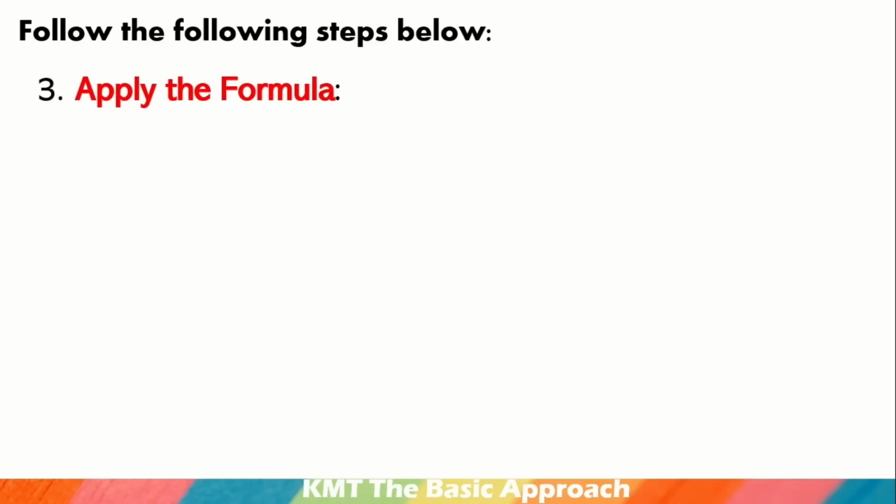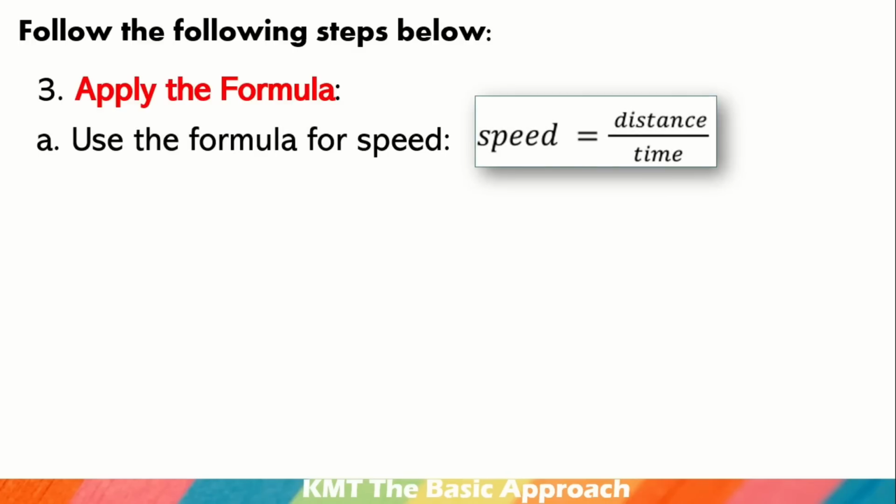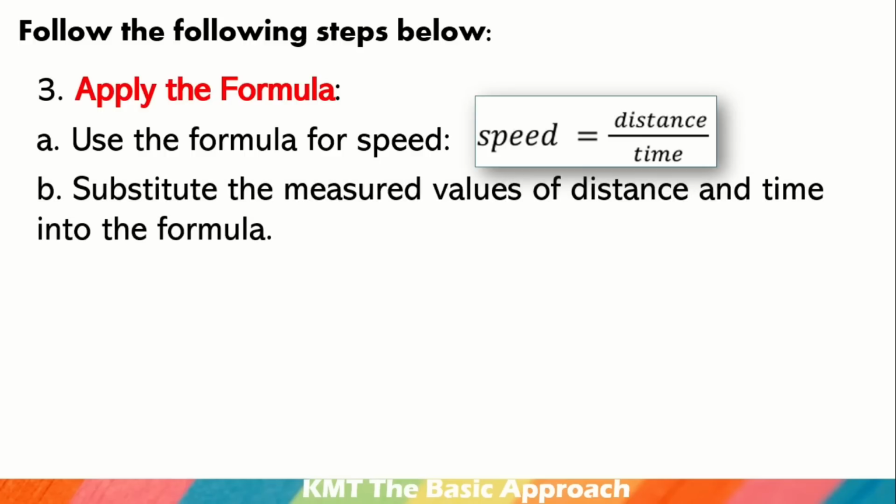Number 3. Apply the formula. Letter A. Use the formula for speed. Speed equals distance divided by time. Letter B. Substitute the measured values of distance and time into the formula. Letter C. Calculate the speed.